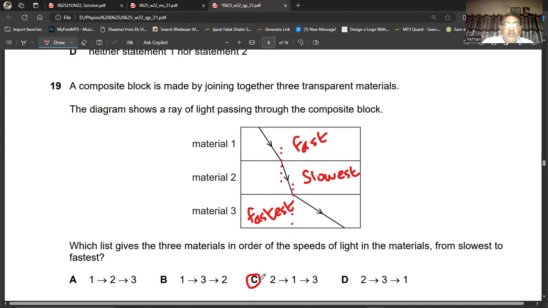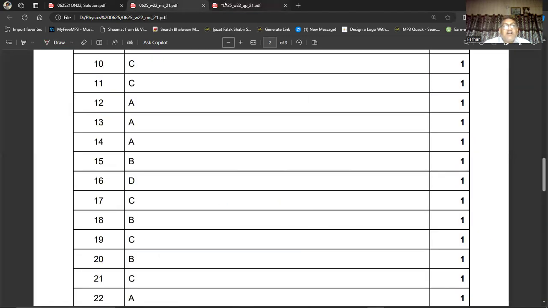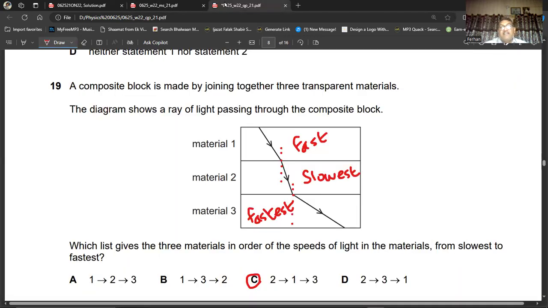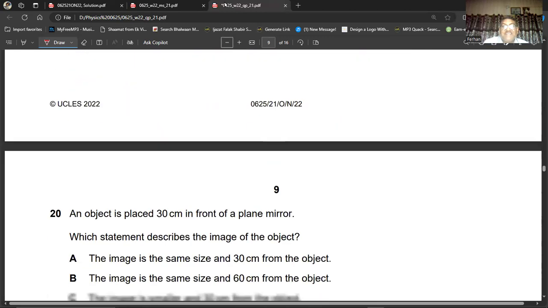We are writing from slowest to fastest: 2, 1, and 3. C is the option. Question number 19, C is the option. This question is not easy. It needs a lot of concept and common sense.